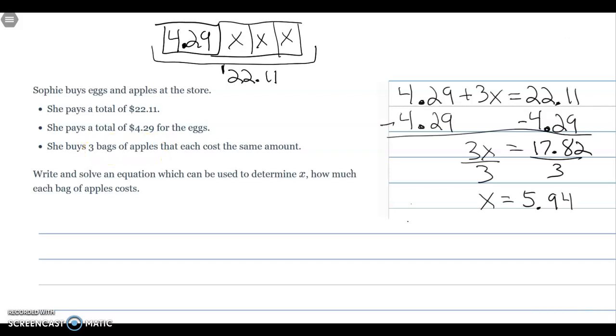The cost per apples is what we're looking for. Okay, so if you want to make your tape diagram, this is how you do it. You'll have the 4.29 and then 3 boxes for your apples, and then you'll put x in because that's the unknown cost that adds up to equal 22.11. Okay, then you set your equation up from there and solve. So be aware of a problem that comes like that.